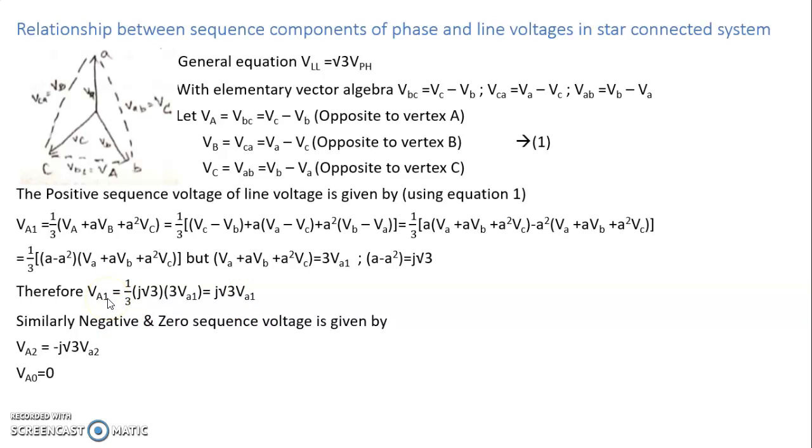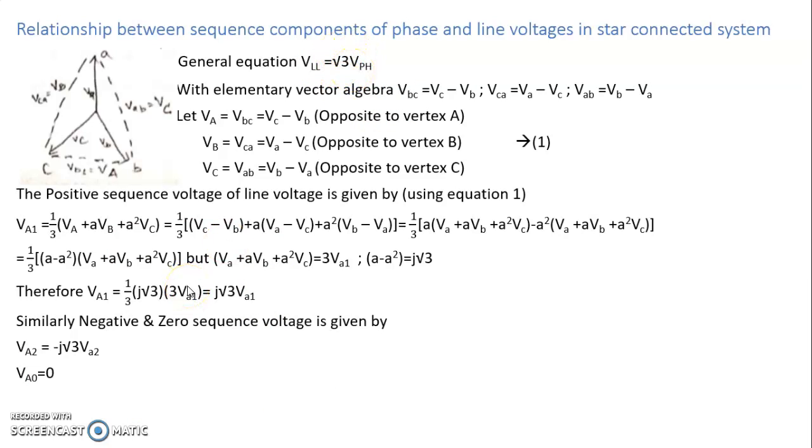So we come to understand here that the line voltage is root 3 times the phase voltage, but it is leading by an angle of 90 degrees. We have a j here, and j represents 90 degrees. Hence it is leading by an angle of 90 degrees. Whereas for the normal expression, line voltage is equal to root 3 times phase voltage.